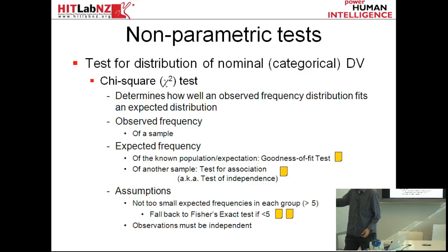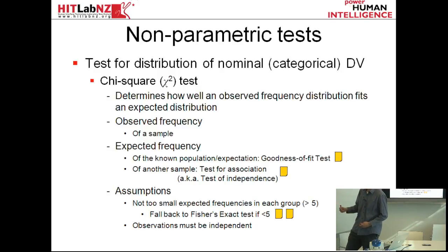So you end up with a table, male, female, interface A, B, C, and let's say 17, 6, 7, and 6, 18, 6. So you can see from the table that it looks like females prefer B more, but males prefer A more.